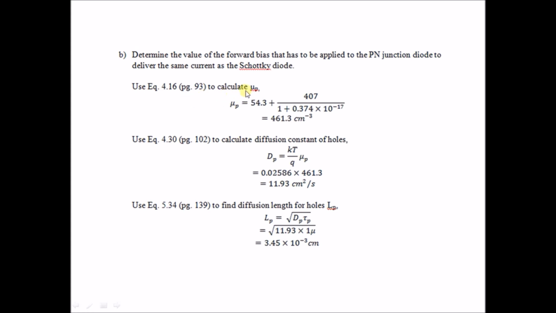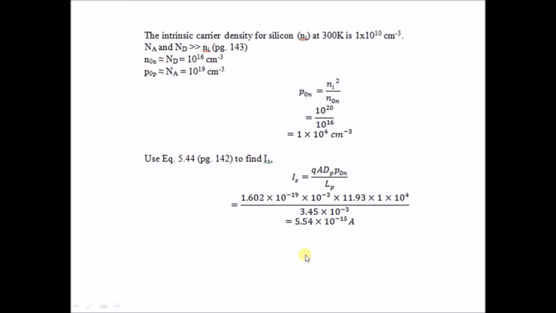First we need to calculate the mobility of holes. This equation we get from page 93, and then we use equation 4.30 from page 120 to calculate the diffusion constant of holes. These are the equations, and then we need to find the diffusion length for holes. These particular elements we need to input into our equations.